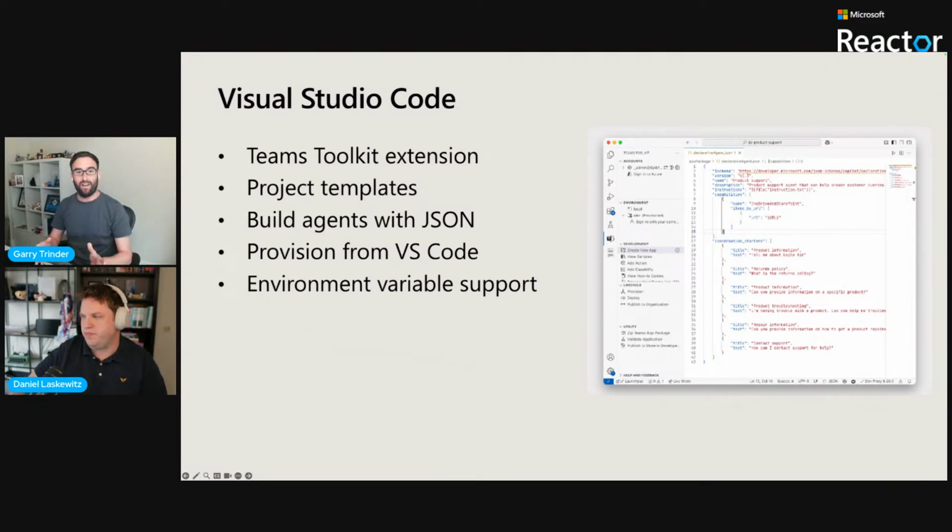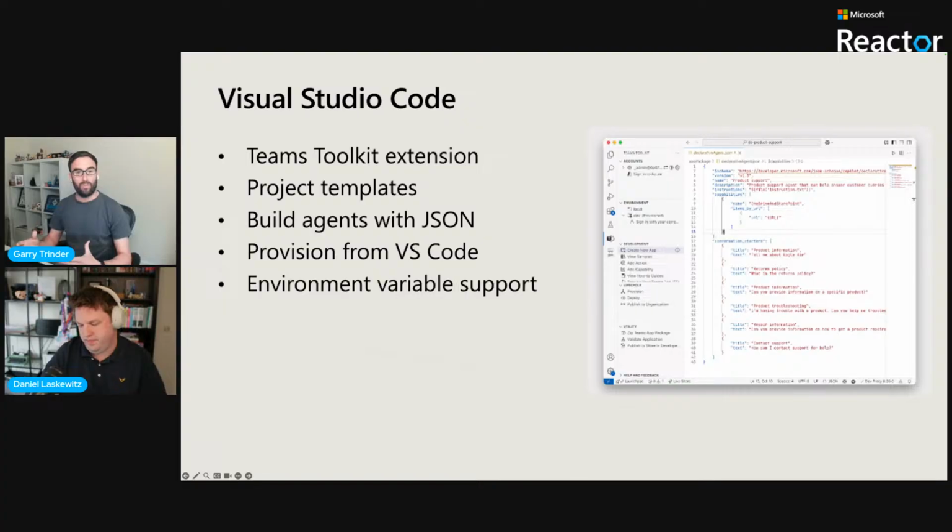But the key thing here is there's no UI, right? Everything that Daniel has shown so far is kind of clicking around in the user interface and building things. Here, we are building agents with JSON. We are defining the behaviors and its capabilities in code, and we provision it from VS Code as well.